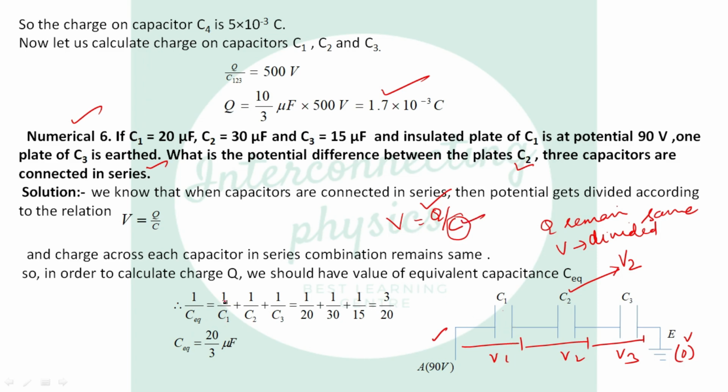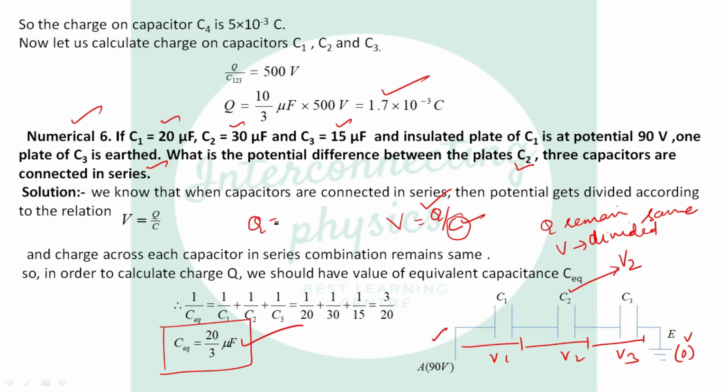So 1 over C equivalent is 1 over C1 plus 1 over C2 plus 1 over C3. So first is 20 microfarad, second is 30 microfarad and third is 15 microfarad. When we take LCM and calculate, the result is 20 divided by 3 microfarad. Okay, now what is the charge? You know, in series combination charge remains same. What is charge?